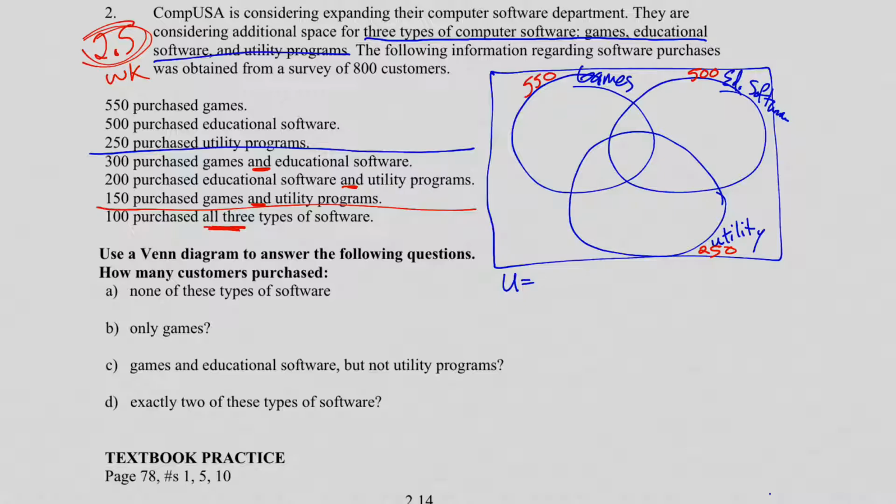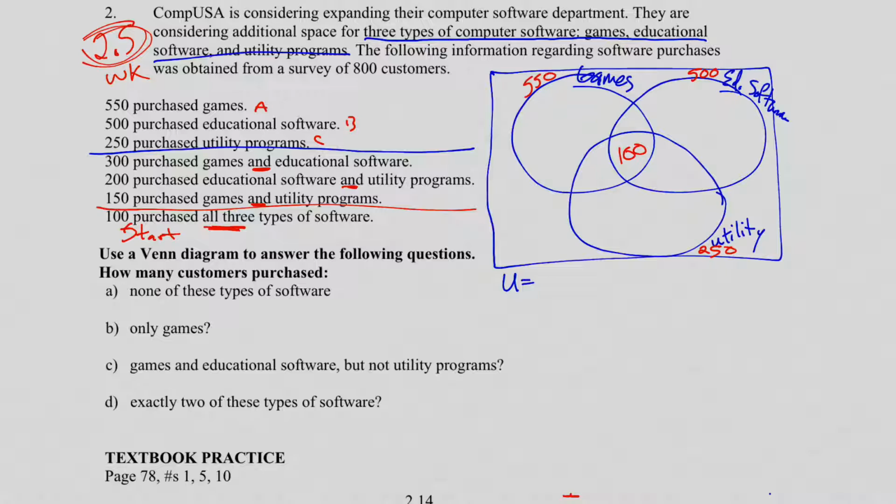If we call that set A, B, C, this would be set A, set B, and set C. First circle, second circle, third circle. And the ones that say "and," those are intersections of those particular circles, and the one that says all 3 is the center. So this is where we start. We're going to put 100 right here.